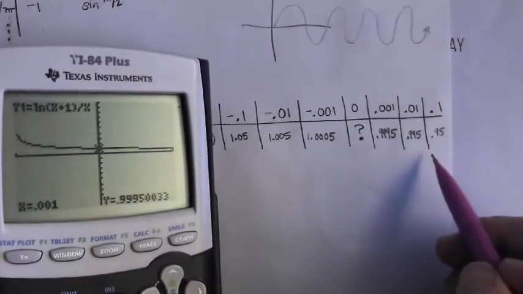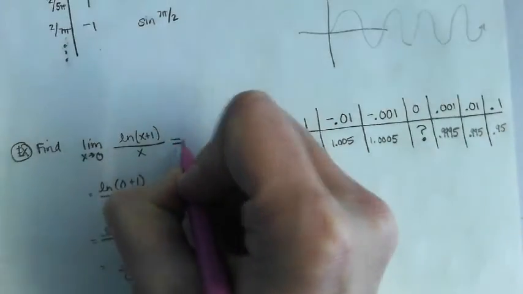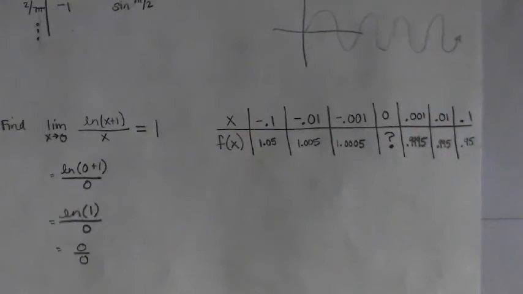Clearly on the incline towards 1. So our table of values backs up that this limit is 1. This is something that we don't know how to graph, so we would have to rely on the table of values for that, or on the look of the function.